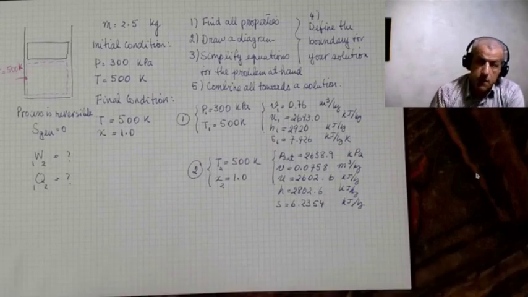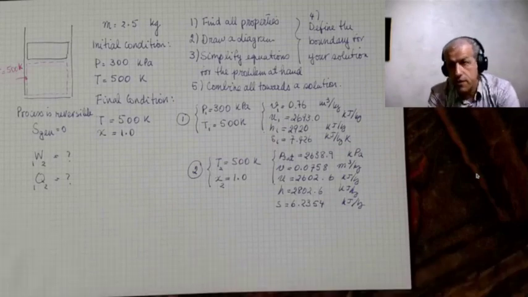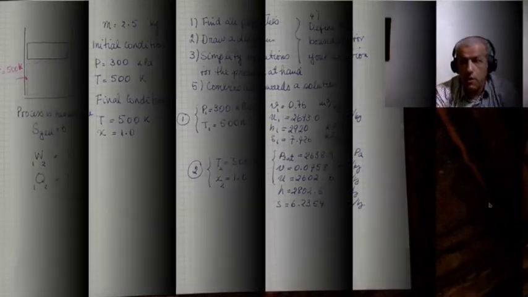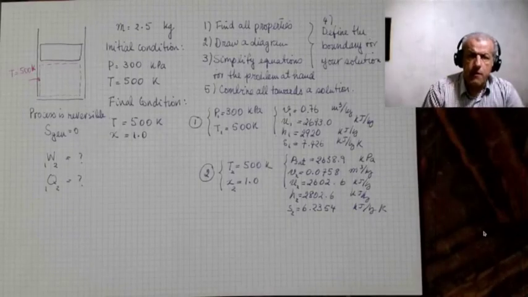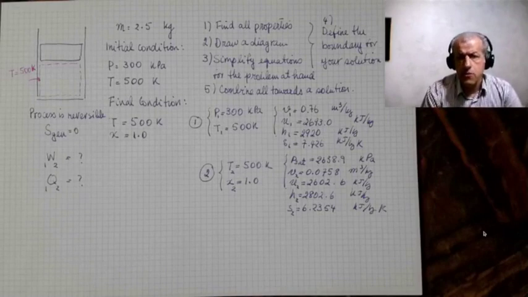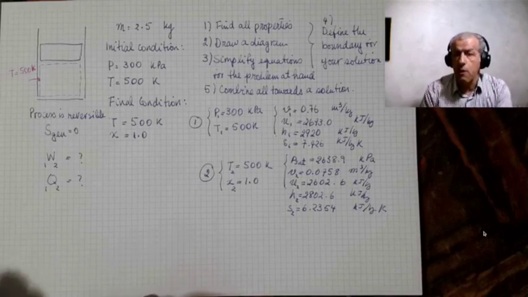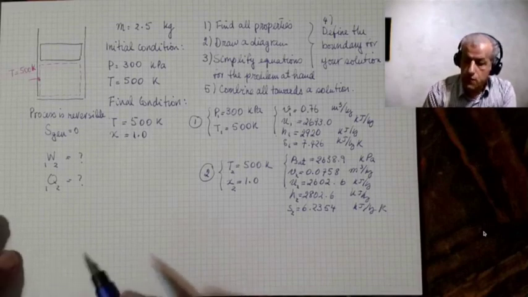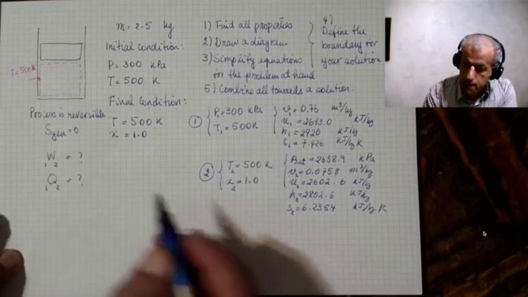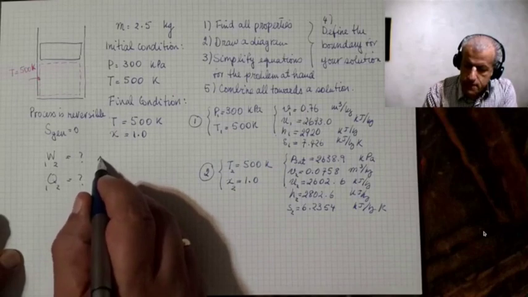Now, the next step for us should be to draw a diagram. We may draw the diagram for any two properties, while we have just learned about entropy. We may also use it for drawing our diagram. Let's see.